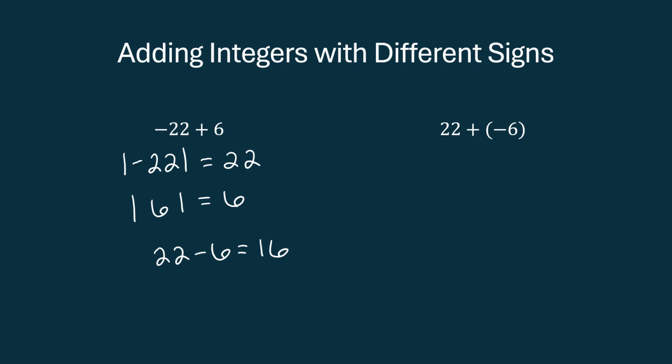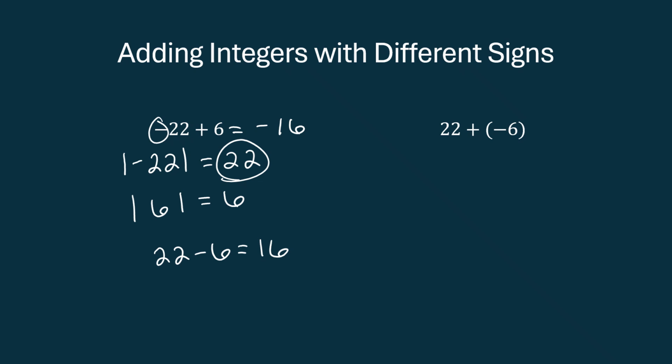And looking back at our absolute values, 22 is the larger of the absolute values, and 22 is negative in the original problem, so our resulting integer is going to be negative as well. So negative 22 plus 6 is negative 16.